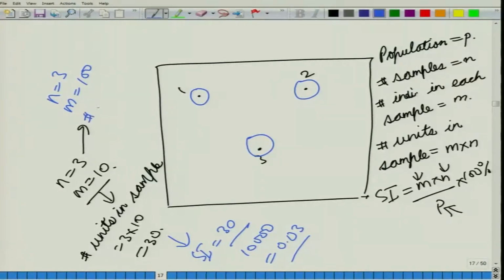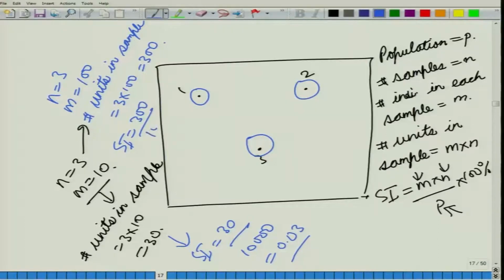So, the number of units in the sample now becomes 3 into 100 is 300, and the sampling intensity becomes 300 by 10,000, is 0.03. So, it increased from 0.003 to 0.03.